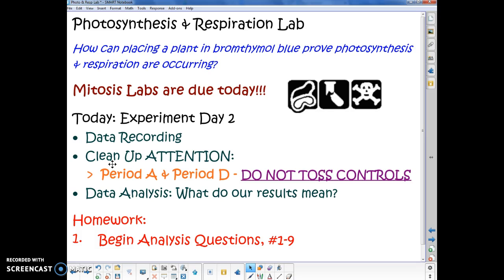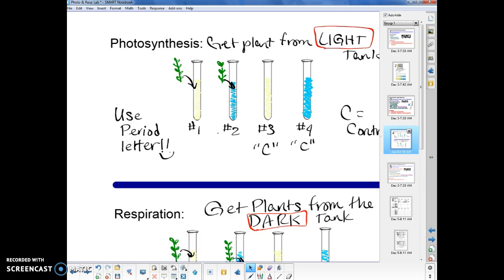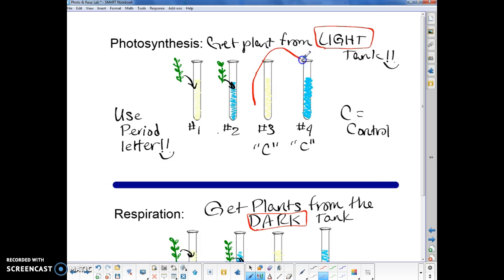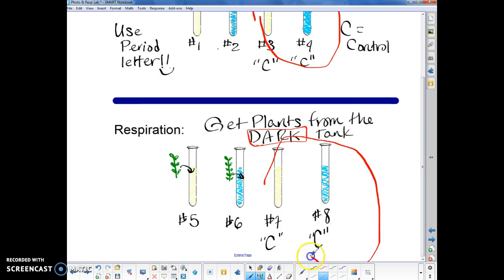For periods A and D, please do not throw away the controls for your group. That is because period B and period E are also using the same controls. So again, for periods A and D, you will not toss the controls number 3 and 4 or the controls 7 and 8.